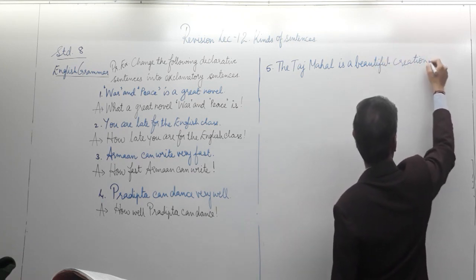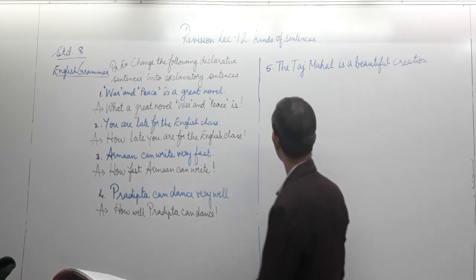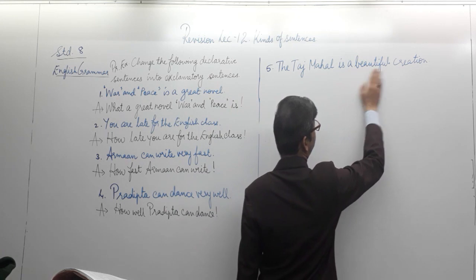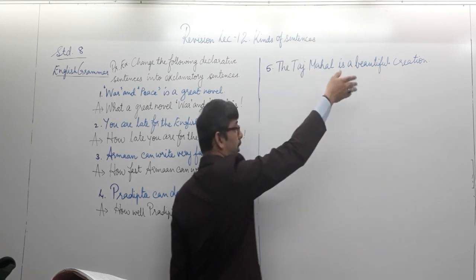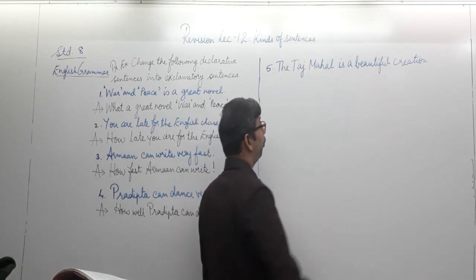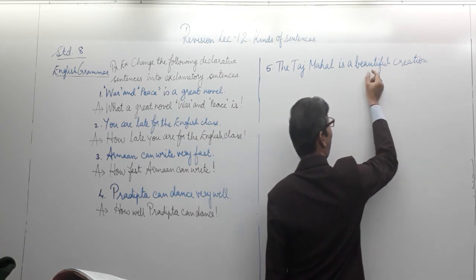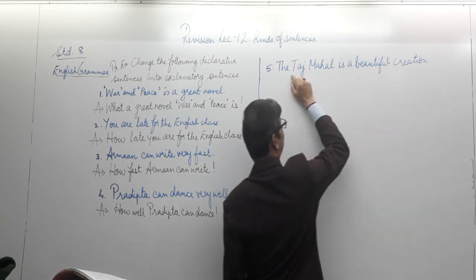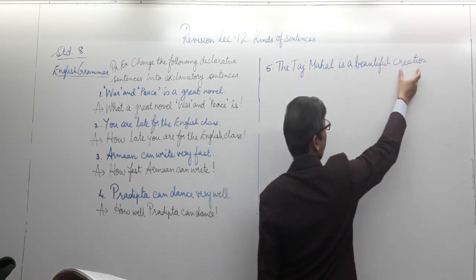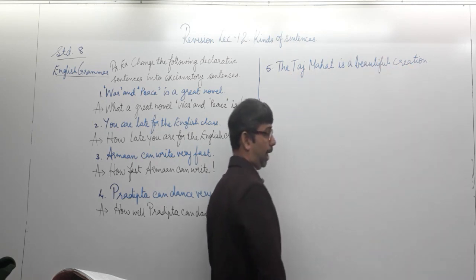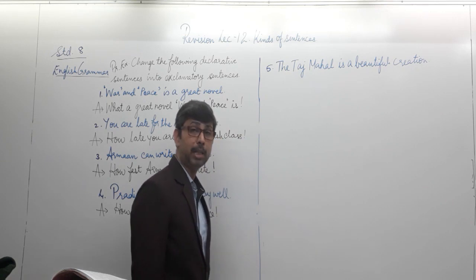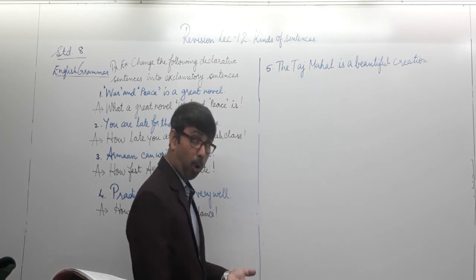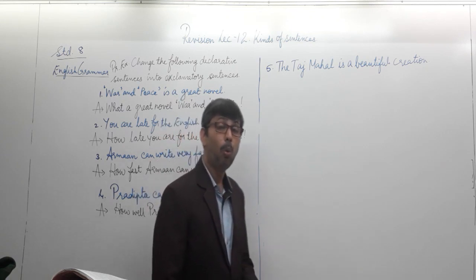Well, what are we saying in this simple declarative sentence? That the Taj Mahal is a beautiful creation. We are going to change it into its exclamatory form, where we are describing the creation as beautiful. We are talking about the beauty of the creation, which is actually the Taj Mahal, but we are concerned about the object part over here and not the subject part, that is the noun part. So when we do this, we will not be writing how this time, instead we will be writing what.